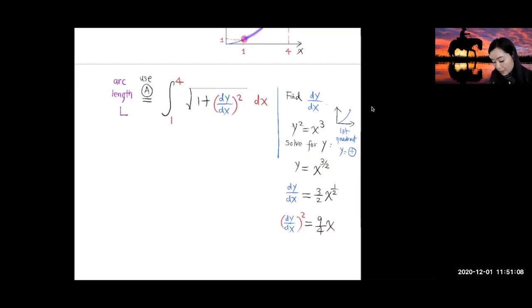Now we can put this back in. So that's equal to this integral, 1 plus 9 over 4 times x, dx, with x going from 1 to 4.